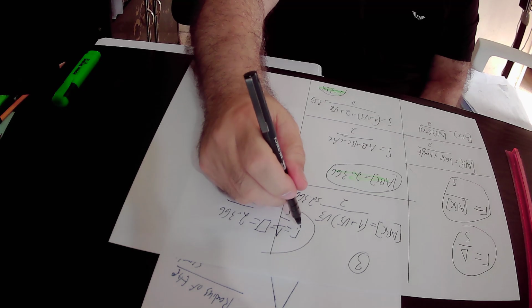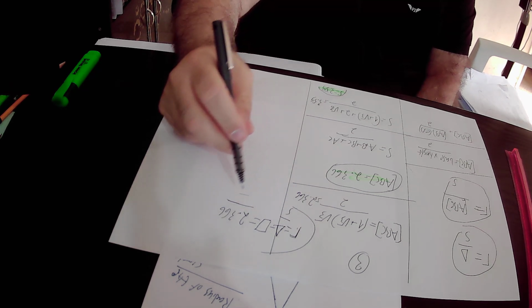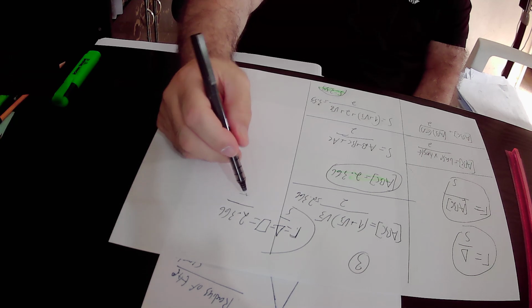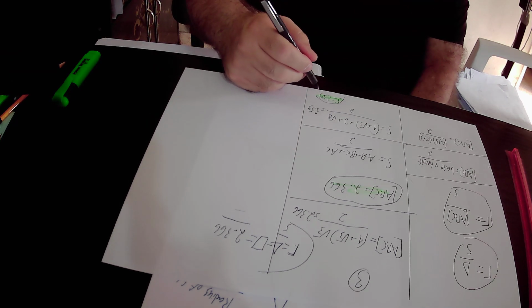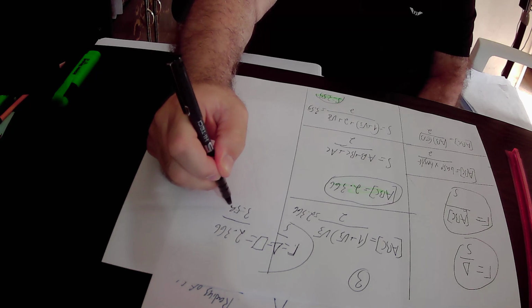I repeat again, the radius of the circle that is inscribed by triangle ABC equals the area of triangle ABC, that is equal to 2.366 square units, over the semi-perimeter of triangle ABC, that is equal to 3.59 units.